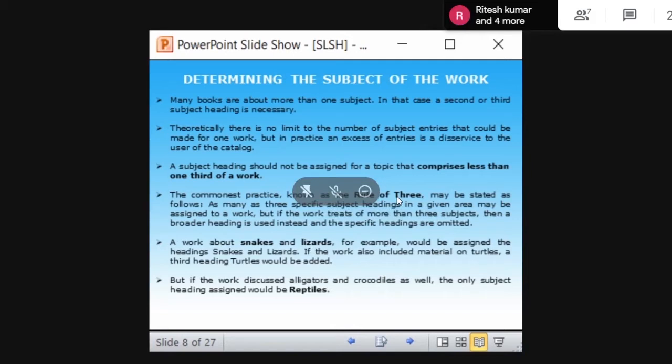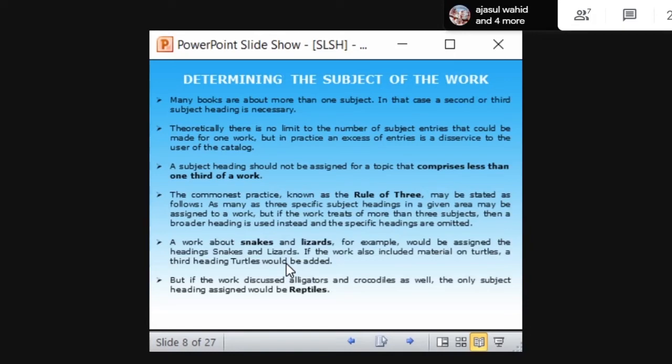Rule of 3. What it states is, there may be 3 specific subject headings in a given area assigned to a work. But if the work treats more than 3 subjects, then a broader heading is used instead and the specific headings are omitted. If a work is talking about 3 subjects, you can assign 3 subject headings, that is fine.